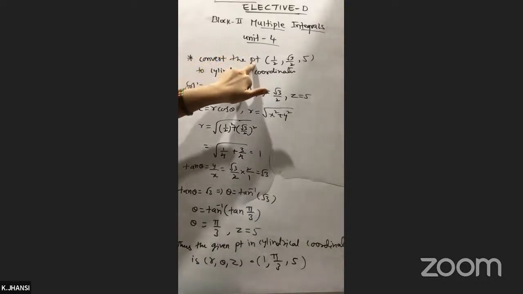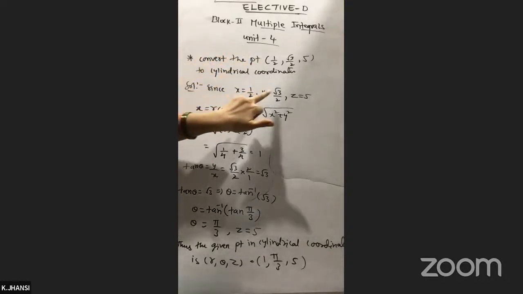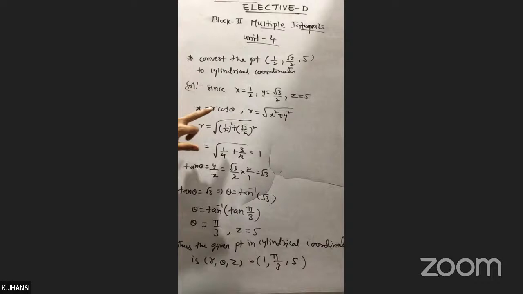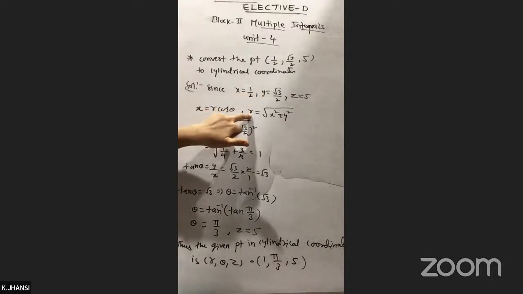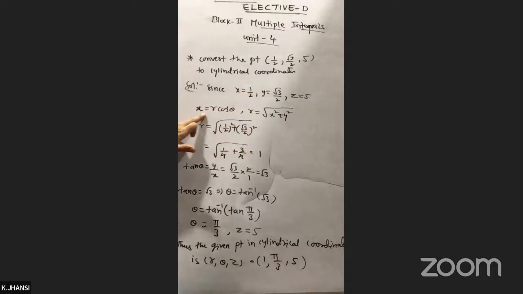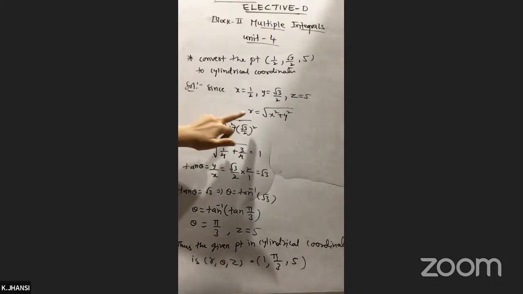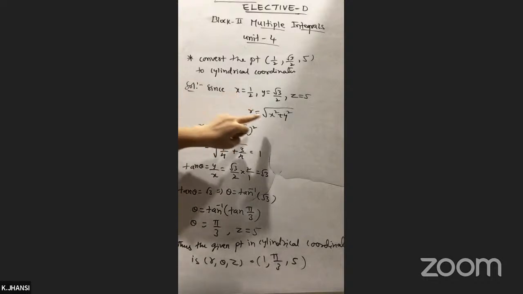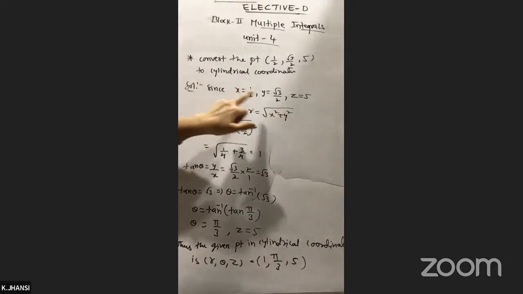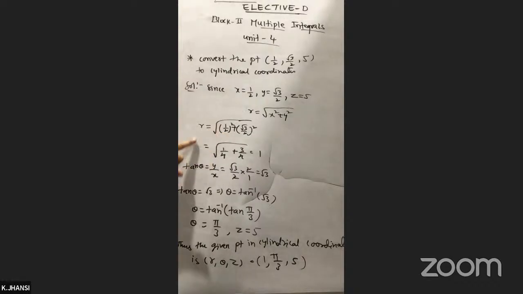So from the given problem, take the values of x, y and z. First thing is we need r. So r equals root of x square plus y square. X is given, y is given. When you substitute here, you will get the r value as 1.